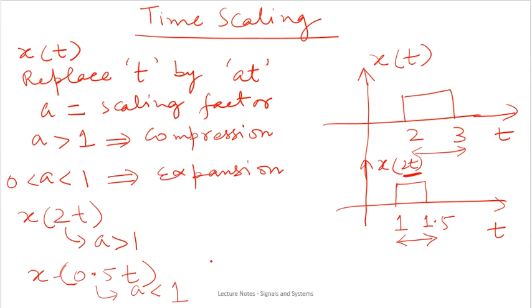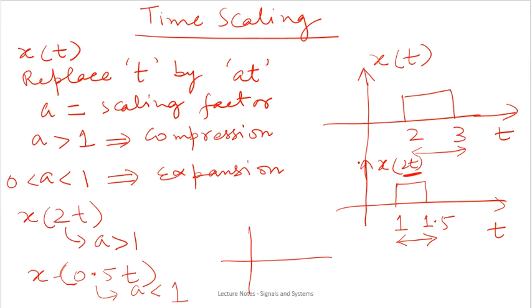Now if the scaling factor is less than 1, you can see that this signal is expanded. So again if you draw this signal here, first of all you see the original signal, this is 2, this is 3, so the limits now will be divided by 0.5.